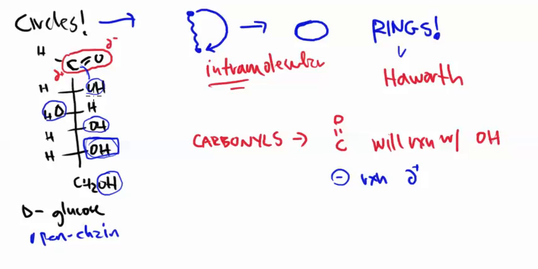And a 6-membered ring is really what we need to focus on here. A 6-membered ring is even more stable than a 5-membered ring. So if we can get a 6-membered ring out of this thing, then the carbohydrate can make a ring structure, and that ring structure is going to have some stability.